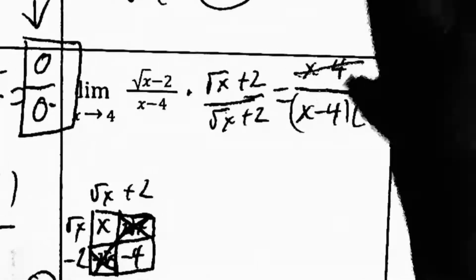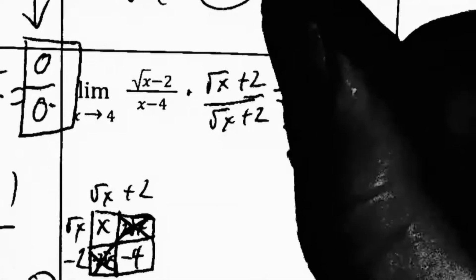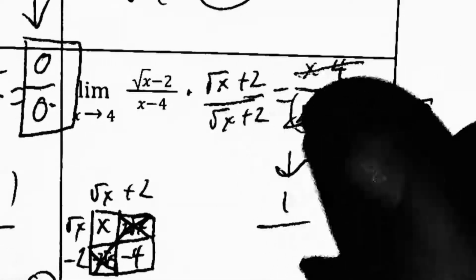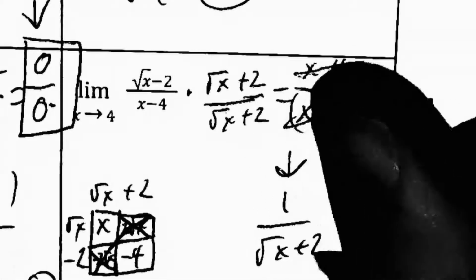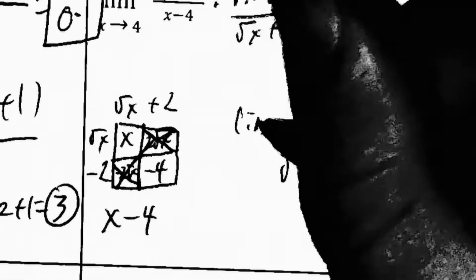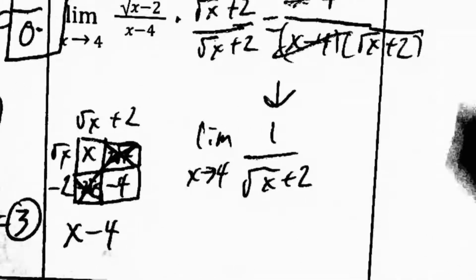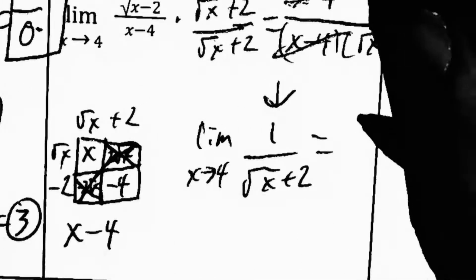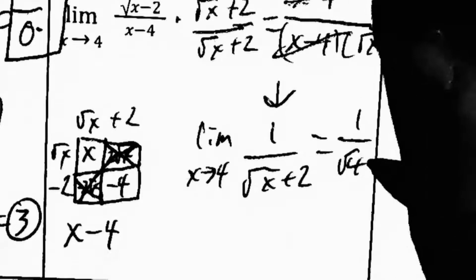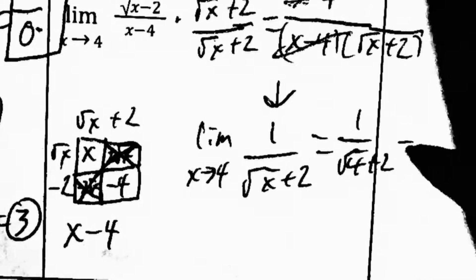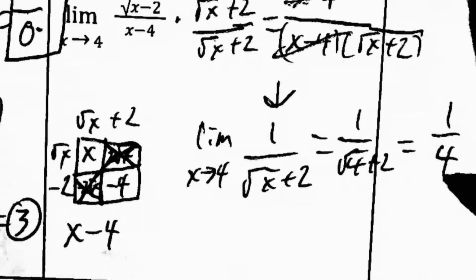Yes, I have a hole here at x minus 4. So now it drops down and I have 1 over root x plus 2 remaining. I'm going to take the limit of this now as x approaches 4. And that will get me 1 over root 4 plus 2, which is 1 over 4.